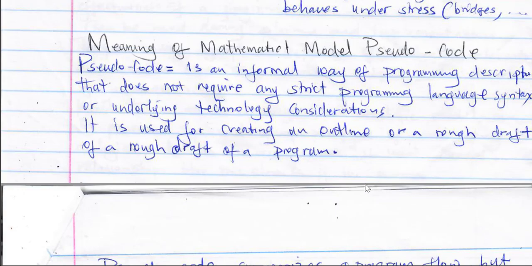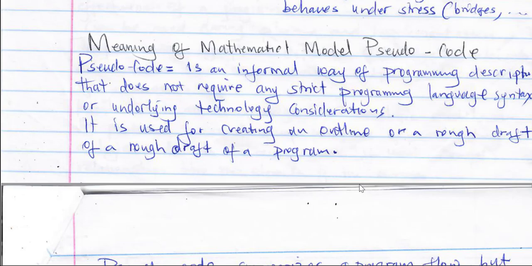Then, under mathematical modeling, we can also talk of the pseudocode model. The pseudocode, which you have covered mostly in structured programming, is just an informal way of describing a program, where you say you will do this, then the next one I'll do this, and that's the procedure. We call it pseudocode modeling because you are modeling something.